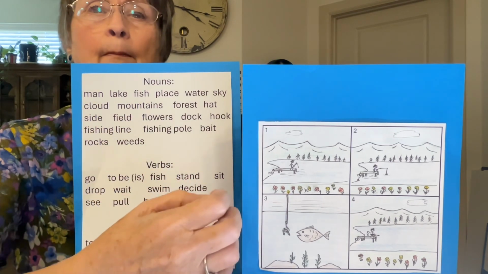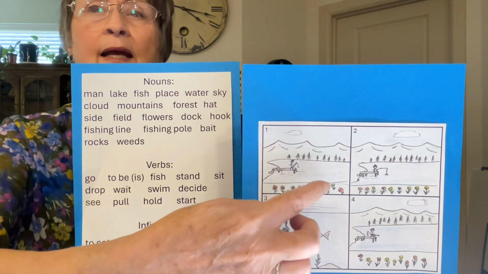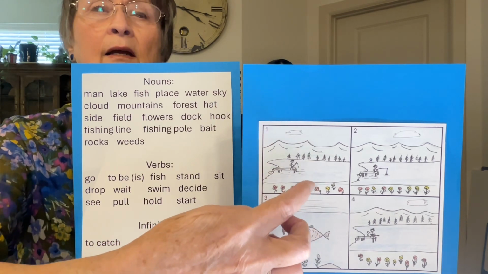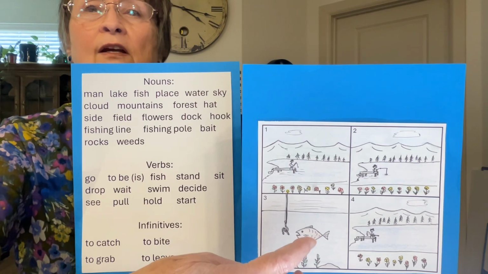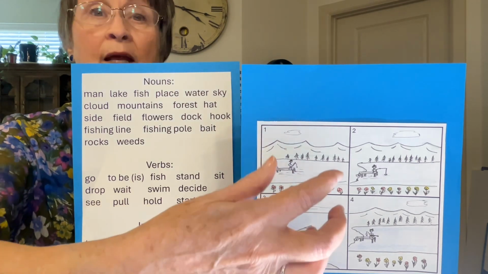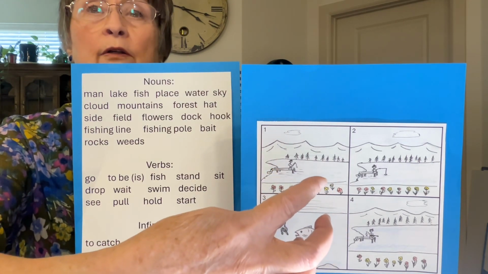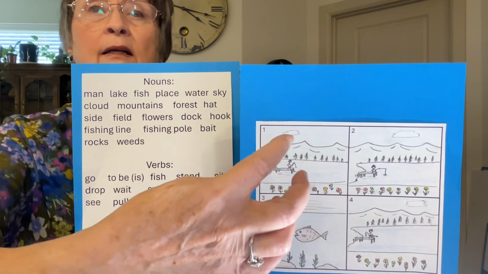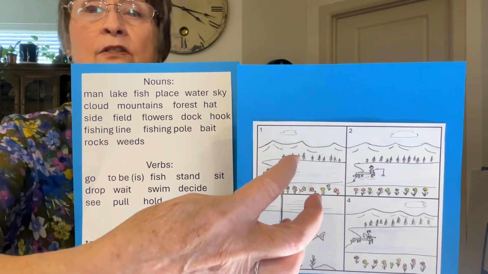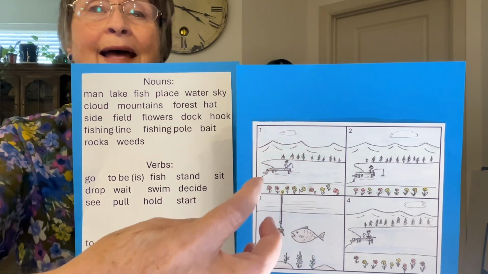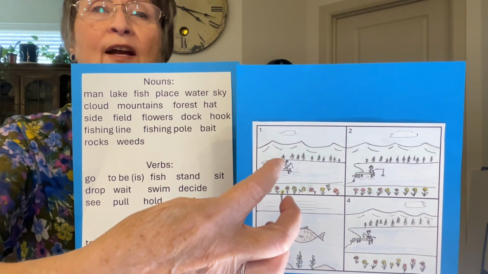We have man, lake, fish down here, fish, and it is a place. There's water, sky, cloud, mountains, forest, hat. This little guy is wearing a hat.